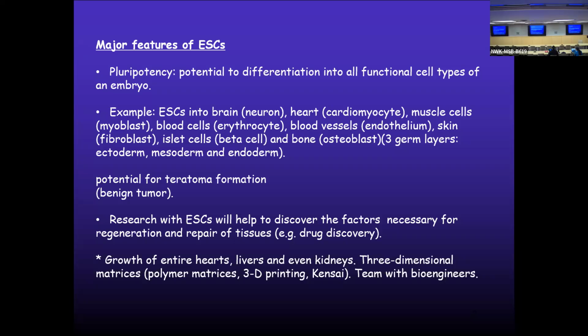This is an emerging, evolving kind of process or field, very powerful. We can make polymer matrices. We can use 3D printing. We can use the Kensai system that we used a few years ago in the stem cell core.